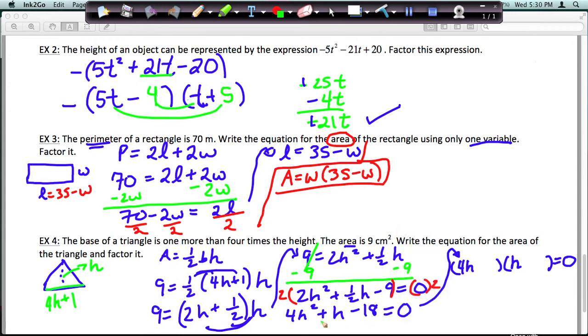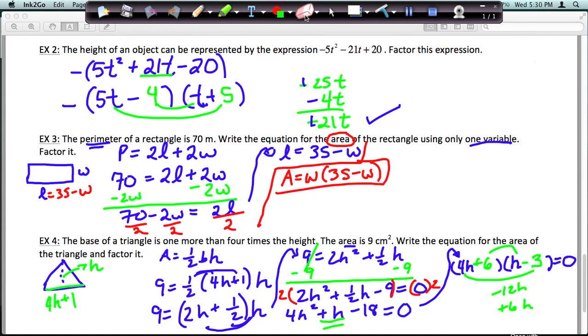And I'm trying to find a combination that'll add to be 1h. So for 18, it could be 1 and 18, 2 and 9, or 3 and 6. Let's try 3 and 6. I'm going to put the 6 here and the 3 here. One's positive, one's negative. And let's see what I get. I get negative 12 and positive 6, which is not anywhere near 1.